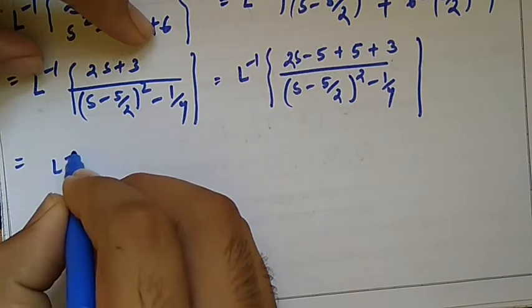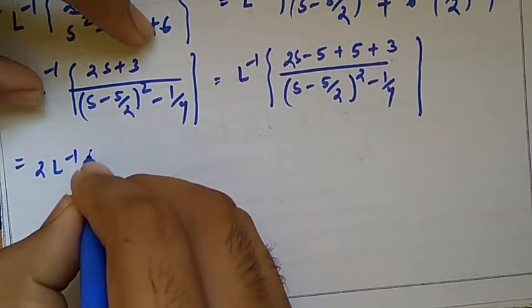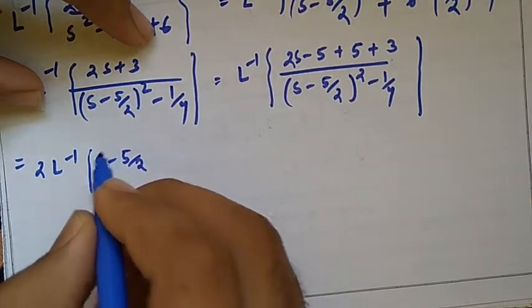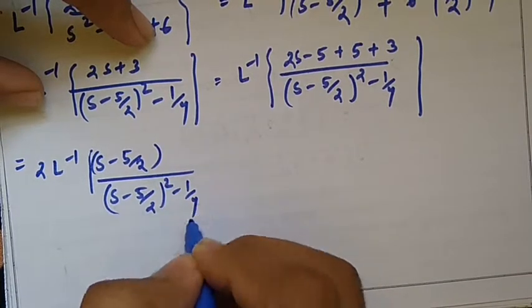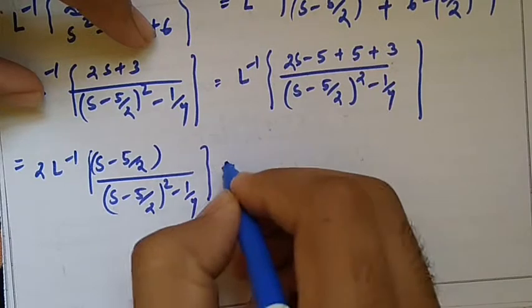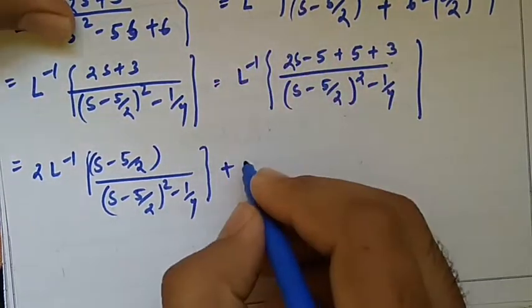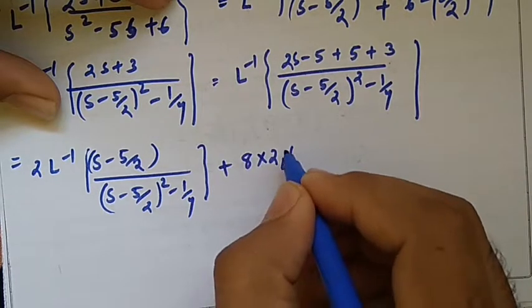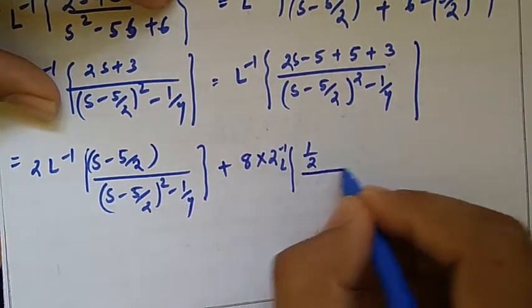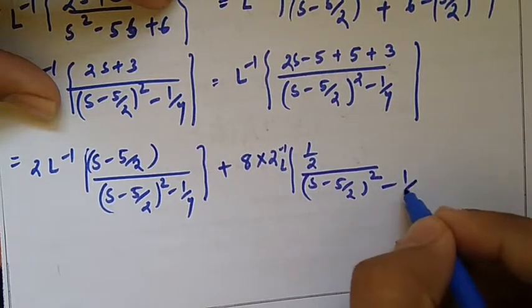L inverse, and from this let's take 2 common: 2 L inverse of (s minus 5 by 2) by (s minus 5 by 2) whole square minus 1 by 4, plus, from here let's multiply by 2 and divide by 2, so 8 into 2: L inverse of 1 by 2 upon (s minus 5 by 2) whole square minus 1 by 4.